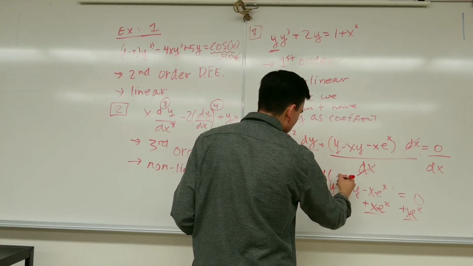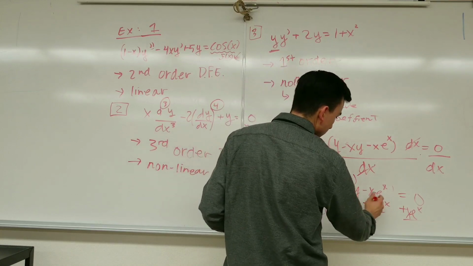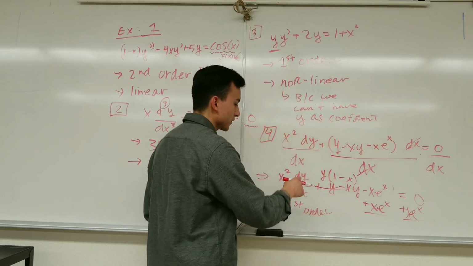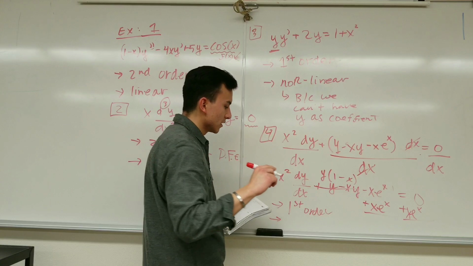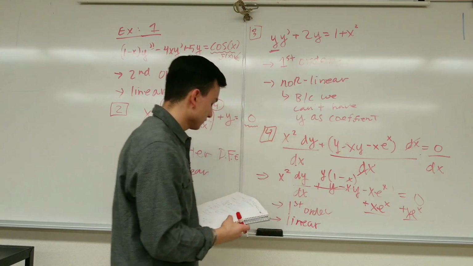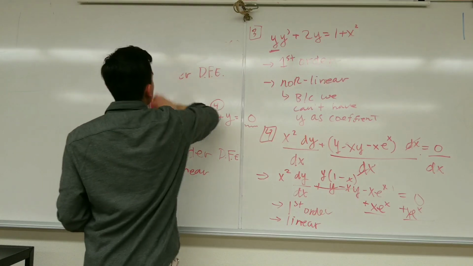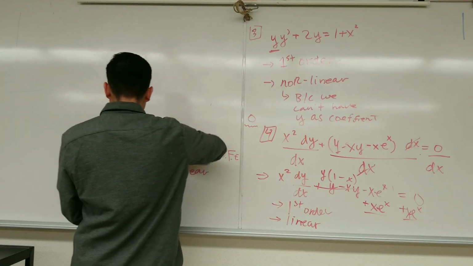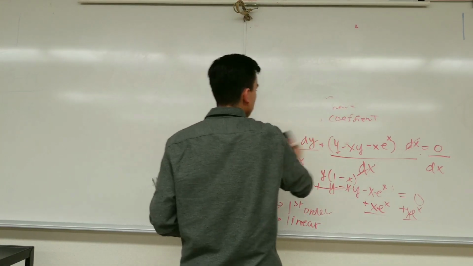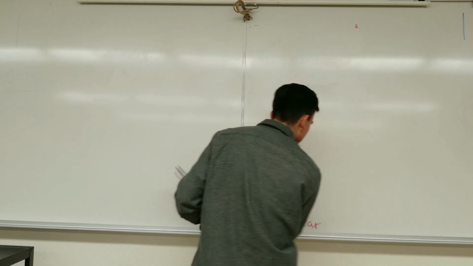So if we do that, we're going to have this 1 minus x, and then this is going to be equal to x e to the x. So now this goes from a nonlinear differential equation to a linear one. Good. Okay, so hopefully that becomes a little clear as you go through more examples.